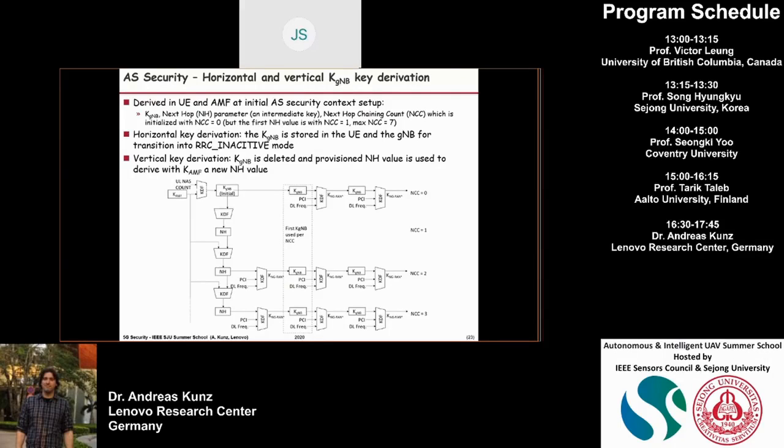So if the UE was in RRC inactive mode, you use the horizontal key derivation because they have the G-Node B key. And if you don't have the G-Node B key, then you will use the KAMF key and the provisioned NH value to derive the next G-Node B key, basically.